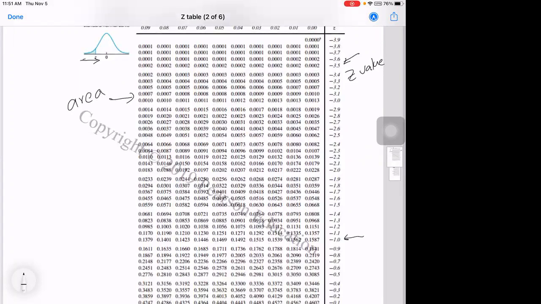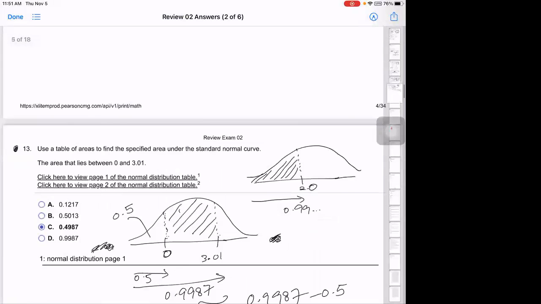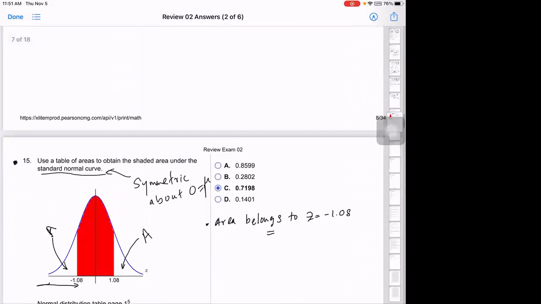This row, this column, gives 0.1401, which means the area belonging to this capital A is 0.1401.